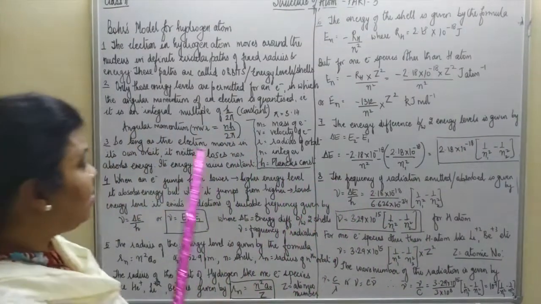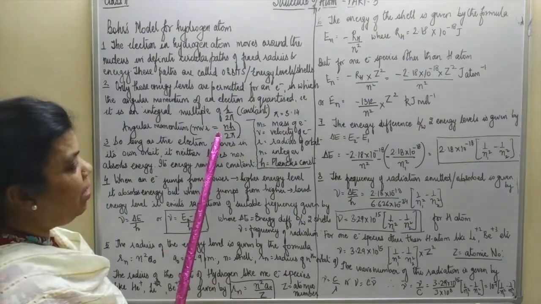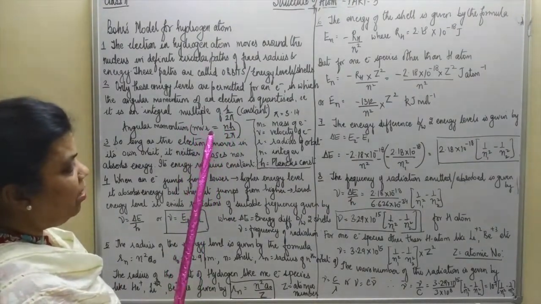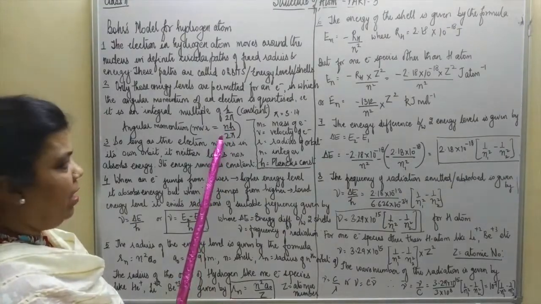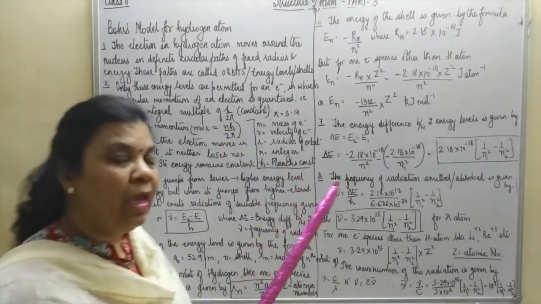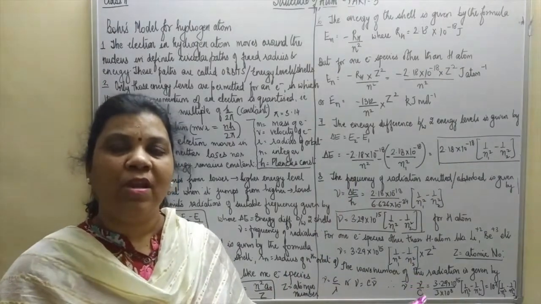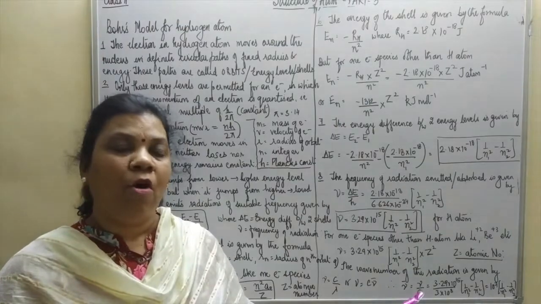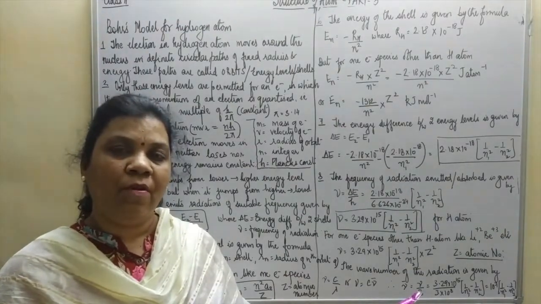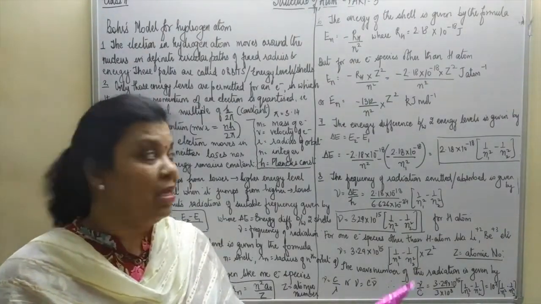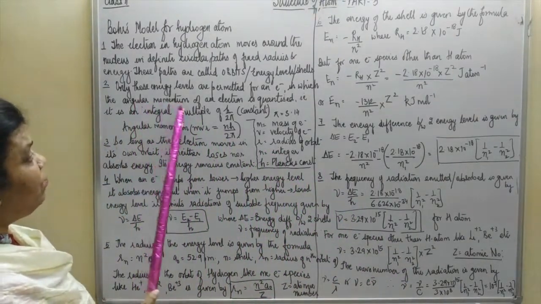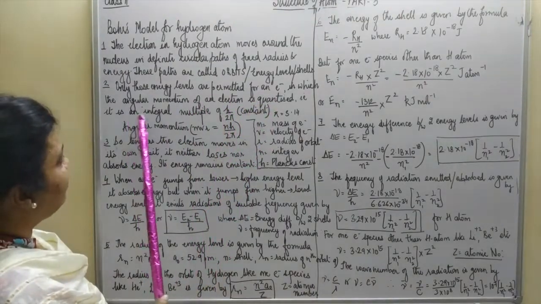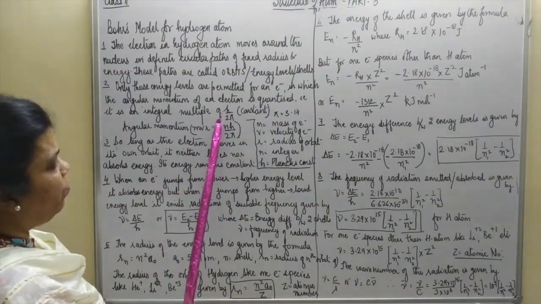which, according to Bohr, is an integral multiple of h upon 2 pi. So we can write the expression mvr = nh/2π. This means that an electron can move only in certain permitted energy levels, those which are quantized, meaning they have a fixed value, where the angular momentum is an integral multiple of h upon 2 pi.